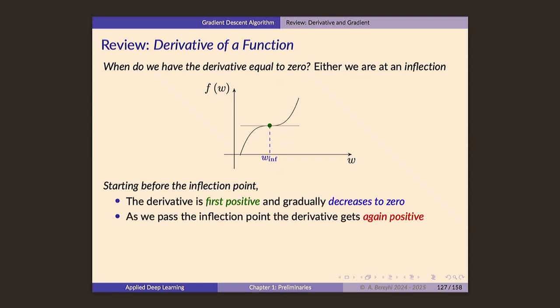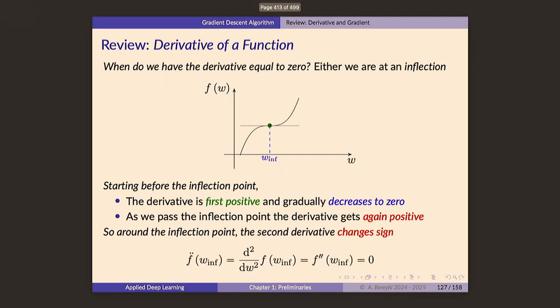So when you have inflection point, your function is increasing, it gets flat, it again increases. Or it could decrease, gets flat, again decreases. In that case, you're going to have something like this, right? But in both cases, at that particular point, the derivative function is again flat. Yeah? And this means that your second derivative is going to be 0, right?